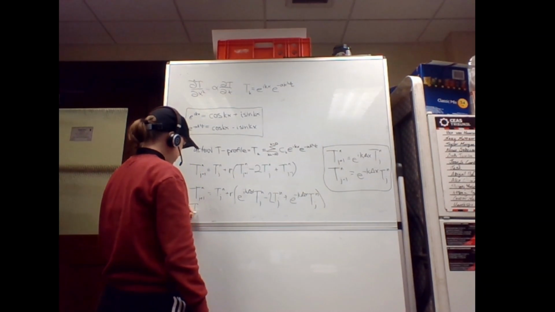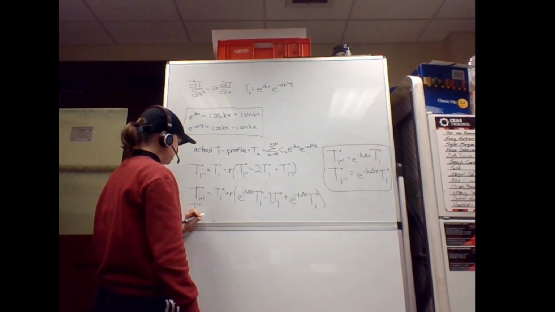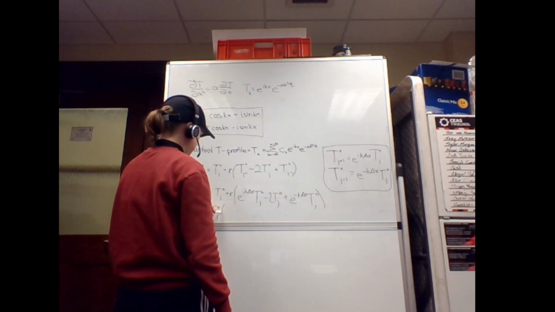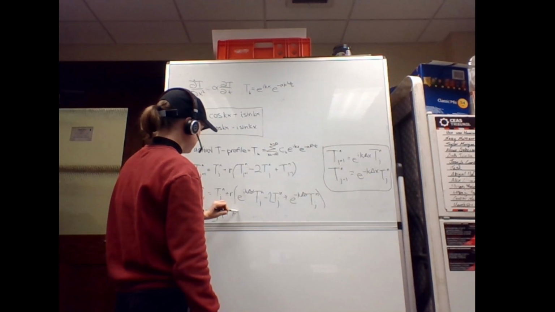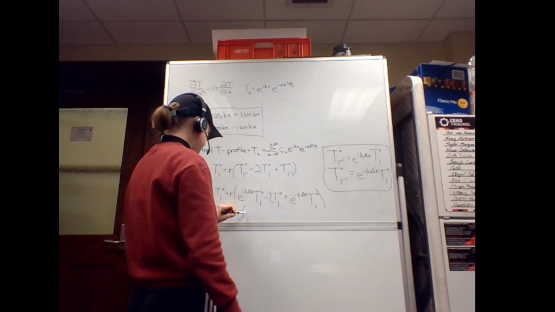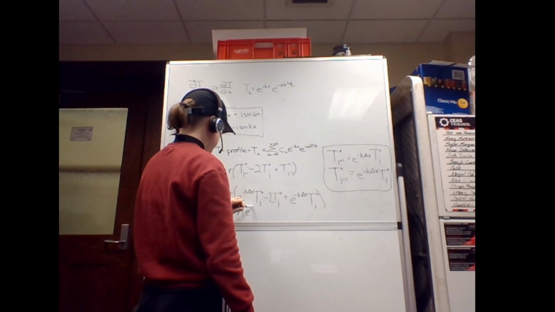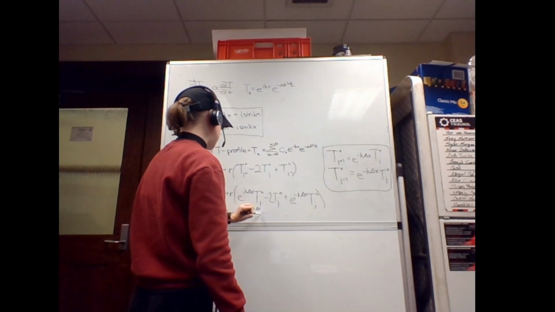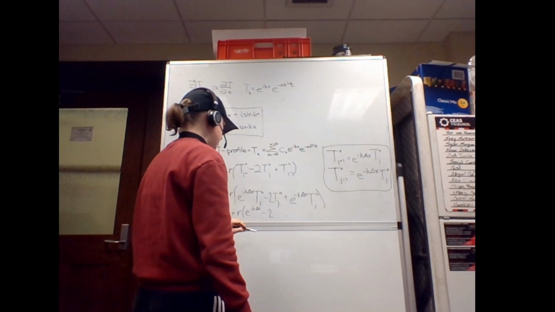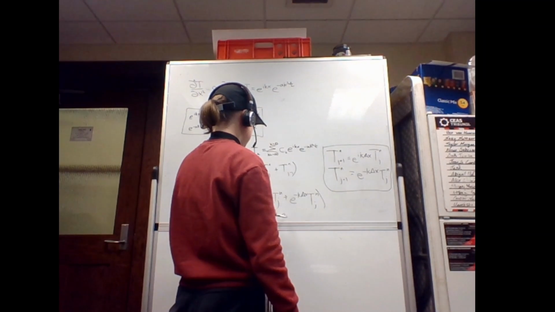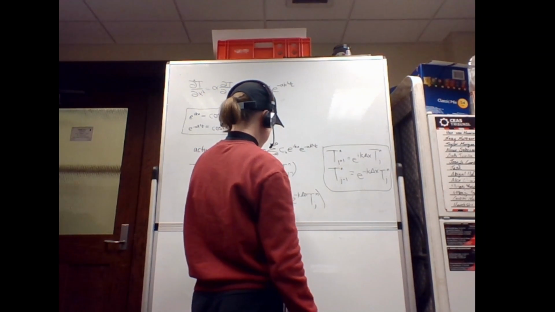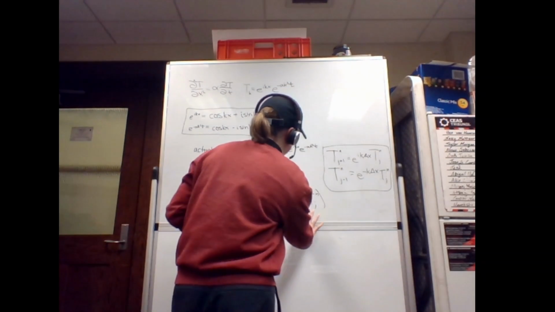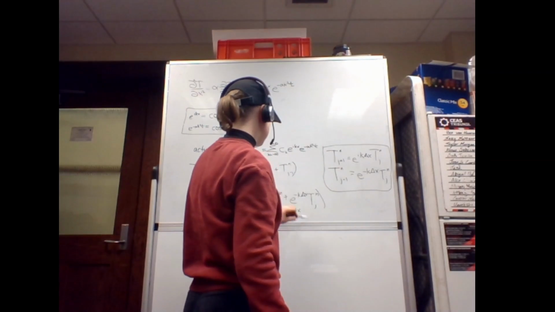We're going to keep T_j^(n+1) on this side, but now we're going to have T_j^n times 1 plus r times e^(ikΔx) minus 2 plus e^(-ikΔx).